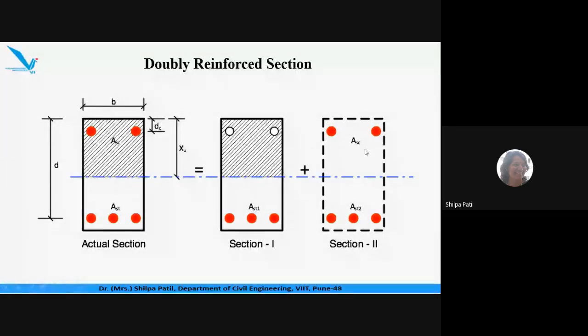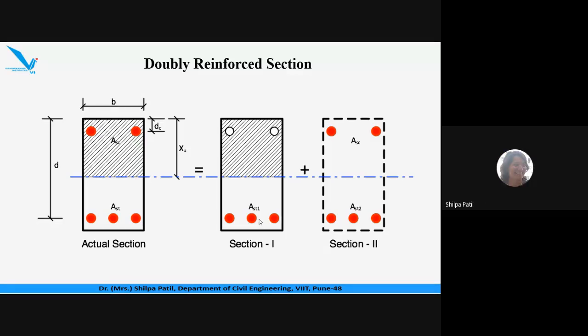And when we call Cu2, there will be a balancing force of Tu2. So the tension steel in the tension zone, we consider distributed in this fashion, that Tu1 is balancing the Cu1 force and Tu2 is balancing the Cu2 force. Is it clear now?